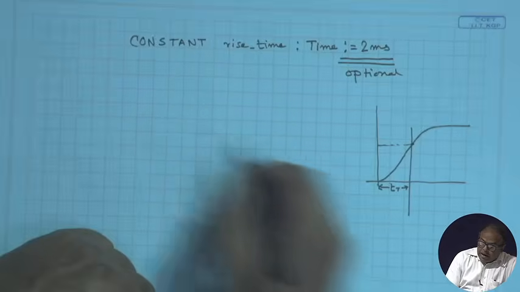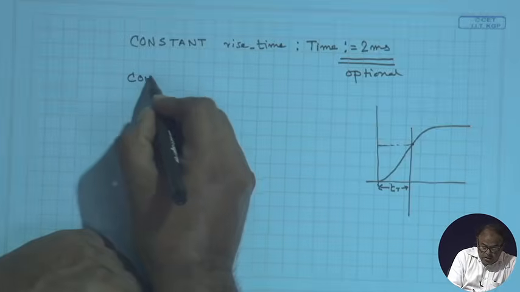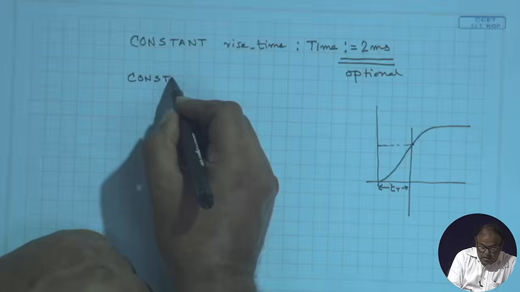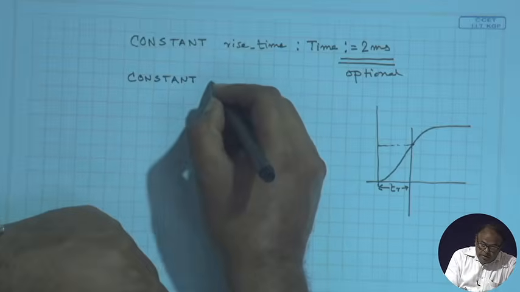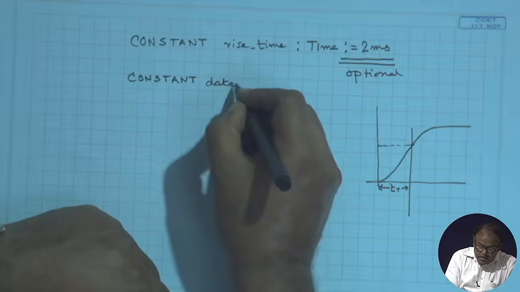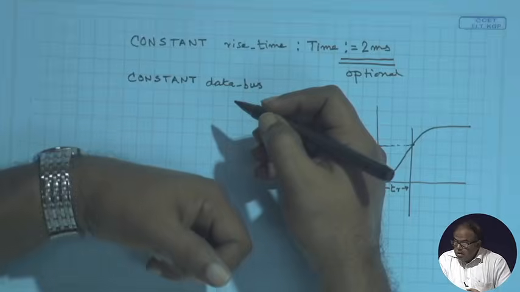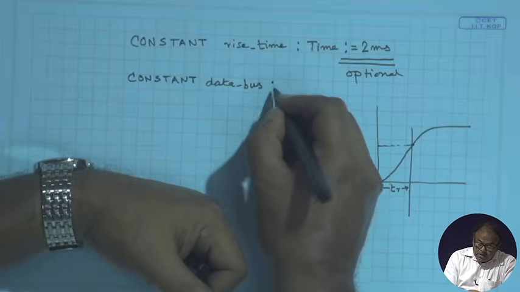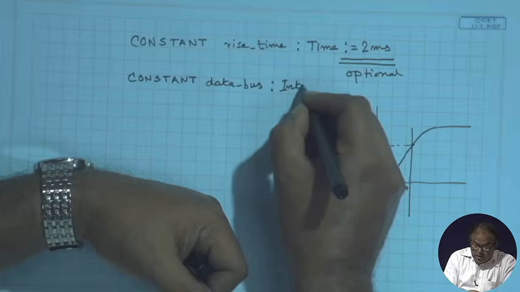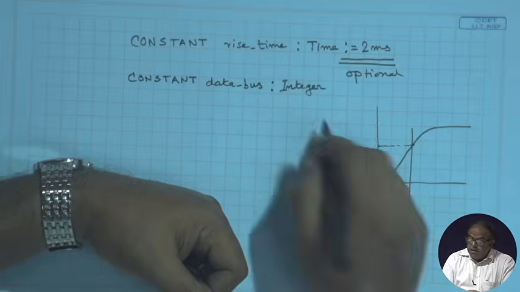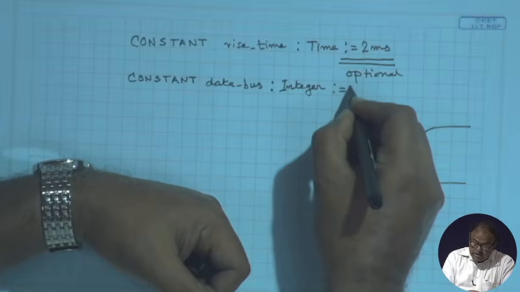Similarly, I can declare a data bus. Okay. So how do I do that? I can write constant data_bus, and this data bus is of type integer, and I can initialize it to 16, say.